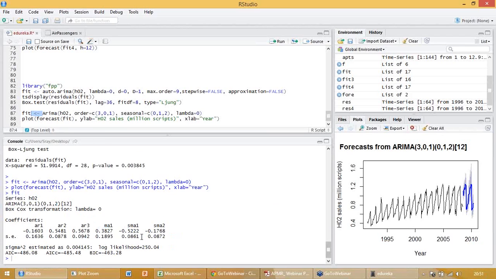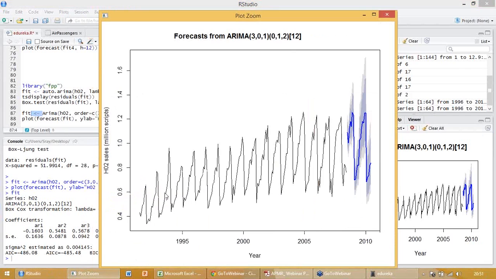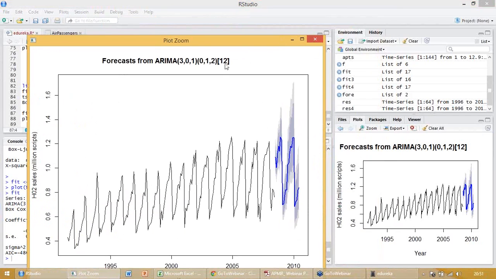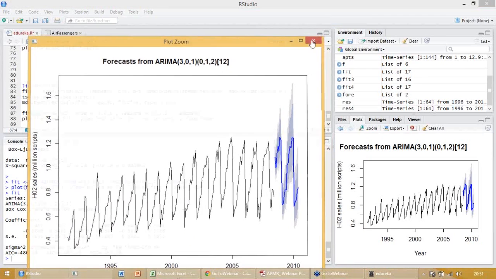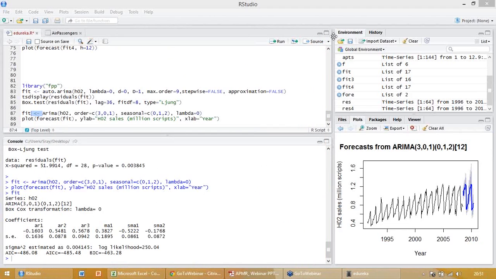It made this forecast and told that this is how your sales would look, with the confidence interval. Now what is this 12? Every 12 months you have a seasonality, because it's monthly data. So that's what 12 represents here. In the initial one it was 4, because it was quarterly data.